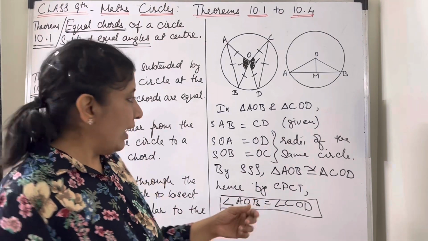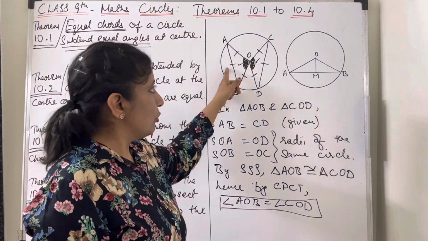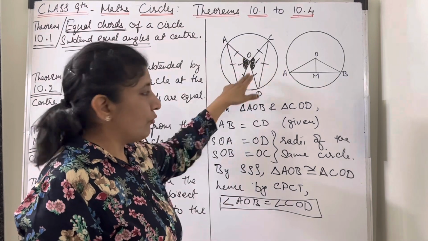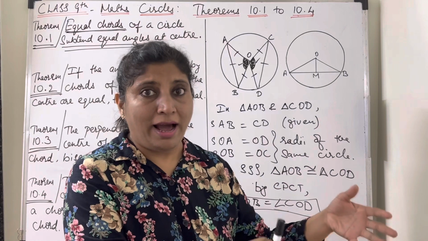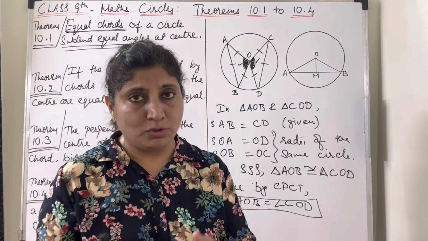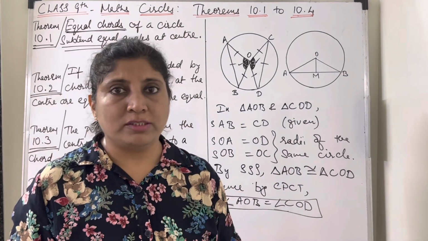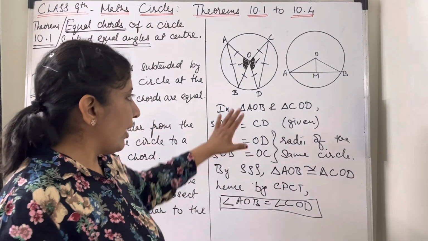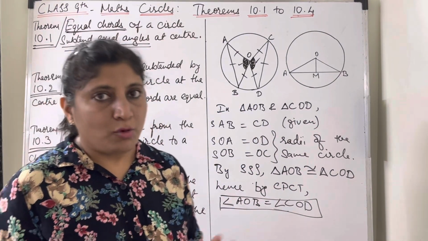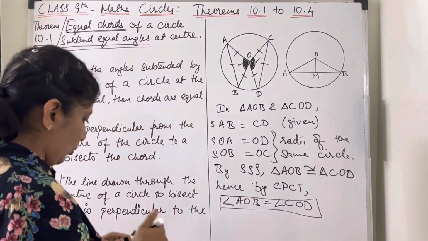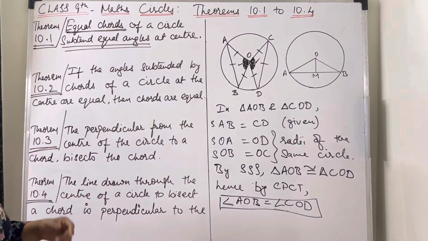So how to prove that? We have two chords and then all the 4 are radii. So all the 3 sides of triangle 1 are exactly same to the corresponding 3 sides of the second triangle. Hence the triangles are congruent, and by CPCT the angles are equal. I hope this is clear to you, and let us do theorem number 10.2.